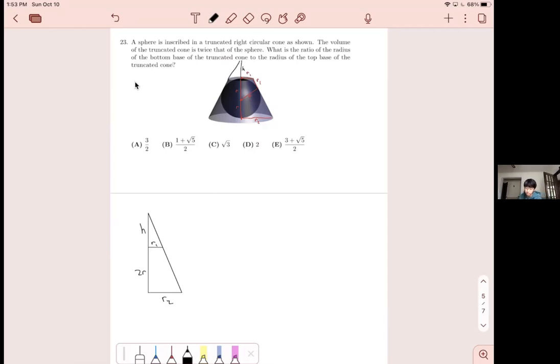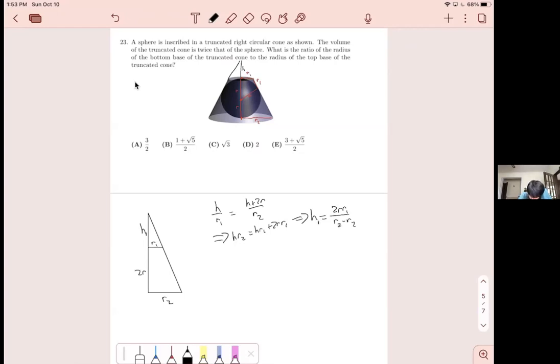We're trying to find that. And in order to find that, we use similar triangles. So H over R1 equals H plus 2R over R2. This implies that HR2 equals HR1 plus 2RR1, which means that H equals 2RR1 over R2 minus R1.